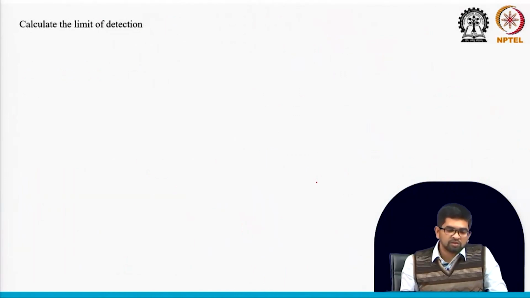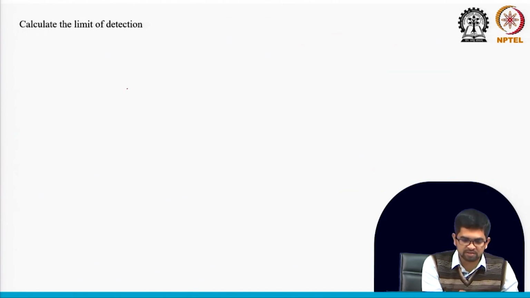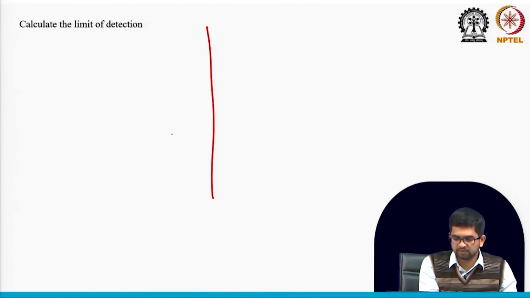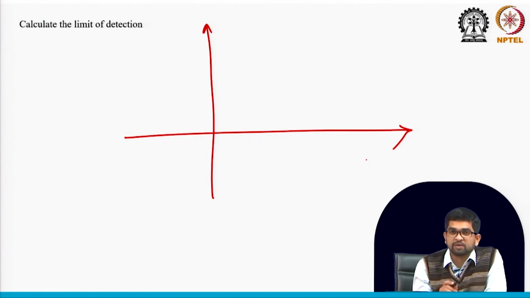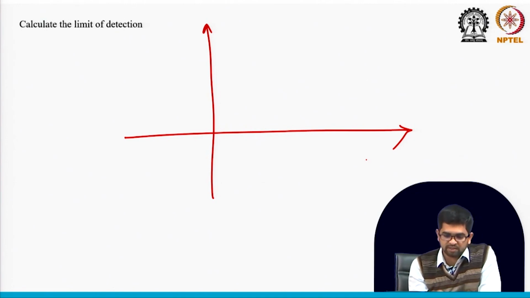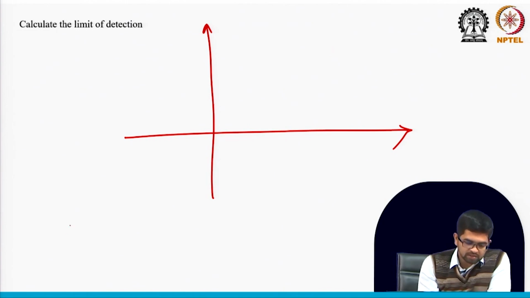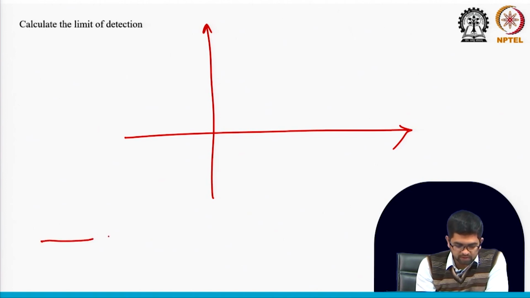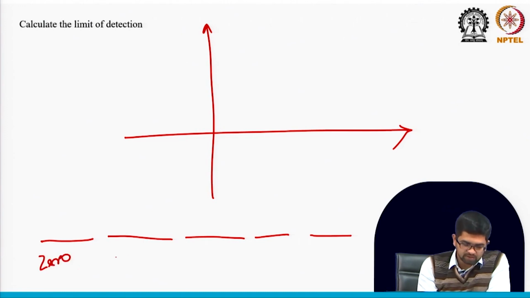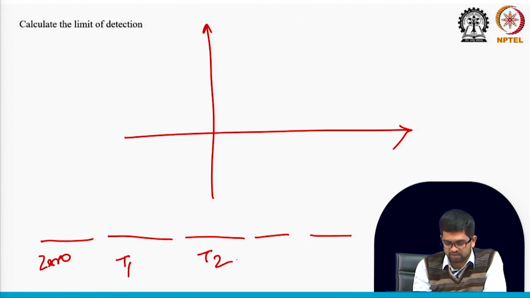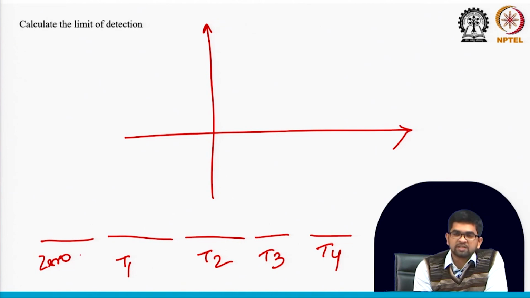Okay. This way you can calculate the limit of detection that I showed you. Try to remember it, because the limit of detection calculation is a very important parameter for a biosensor device. I am summarizing here. First, collect different concentration data: 0, target concentration 1, 2, 3, 4, and for each concentration collect at least 3 data.